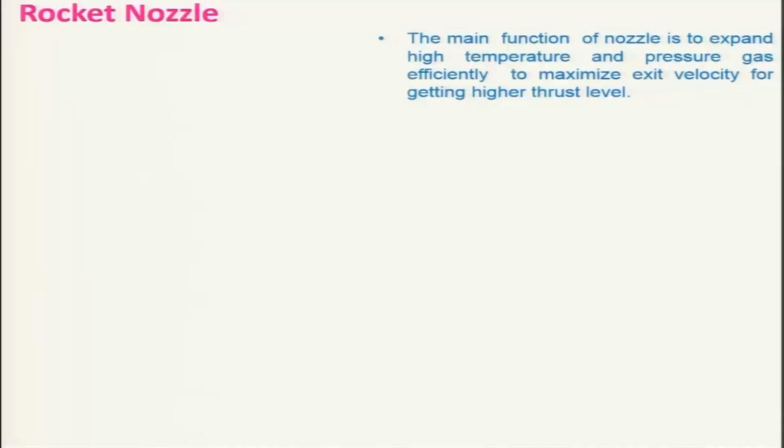divergent nozzle. As we know, the main function of a nozzle is to expand the high temperature and pressure gas more effectively to achieve maximum exit velocity for getting a higher level of thrust. For this purpose, we generally use a convergent divergent nozzle, which is being shown here.